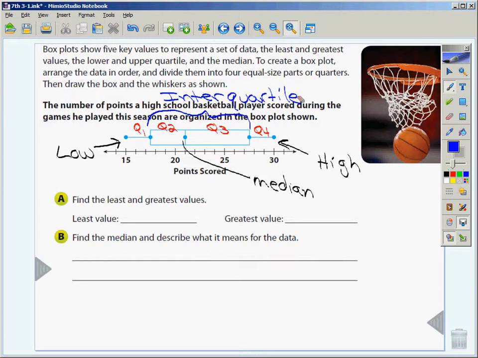So, let's take a look at the questions it asks. Some of them are easy. What's the least value? 15. Fill it in. What's the greatest value? 30.